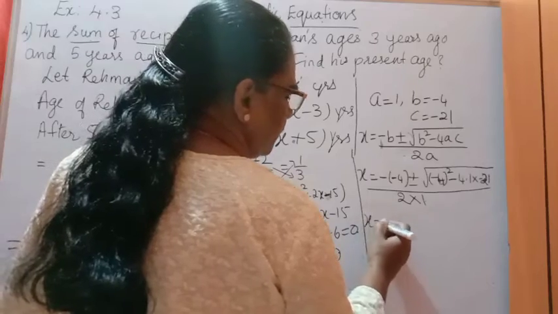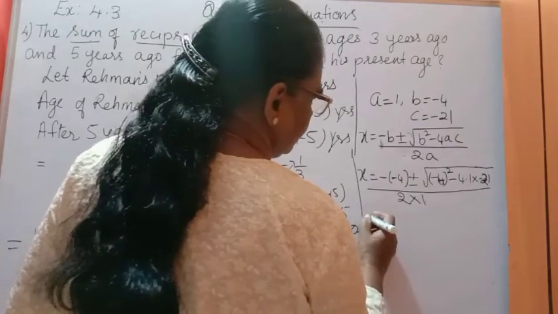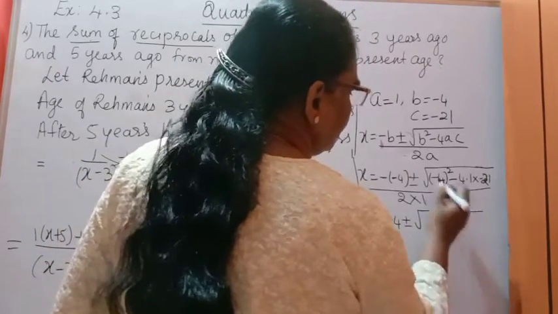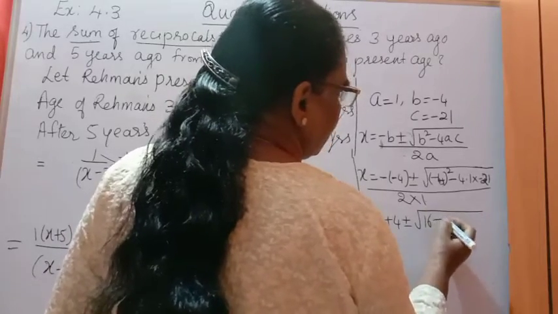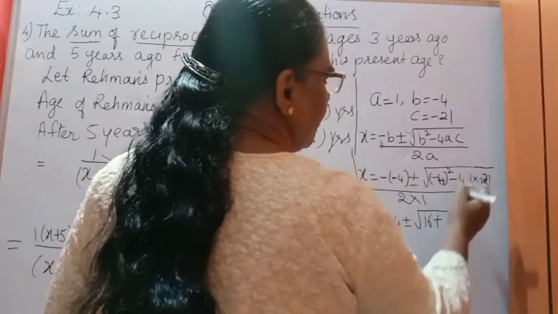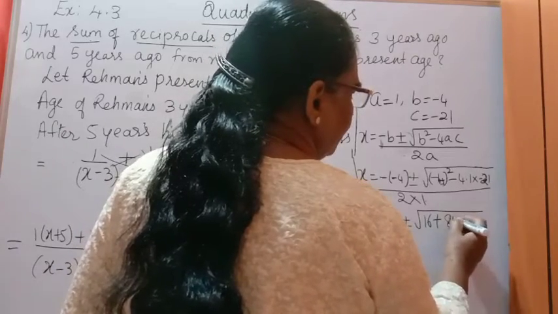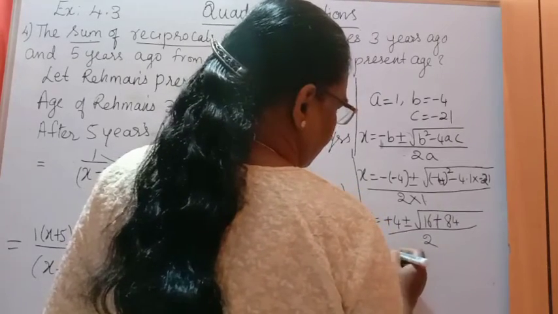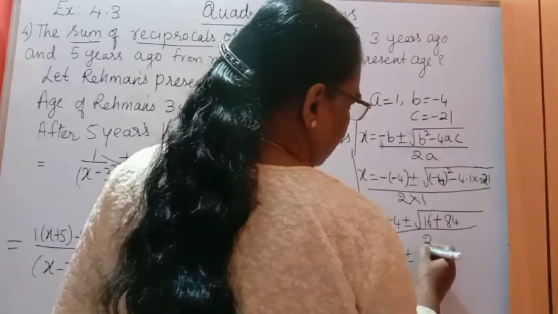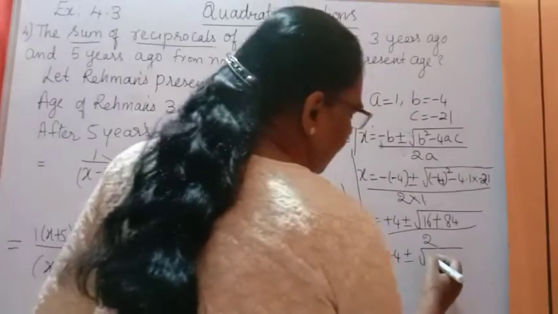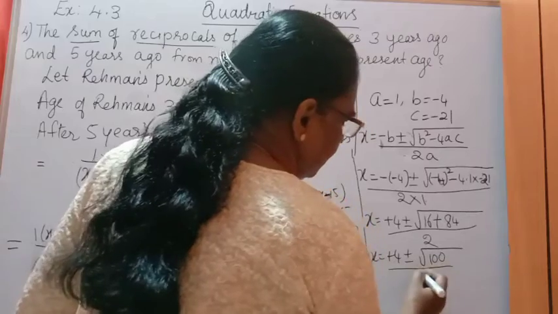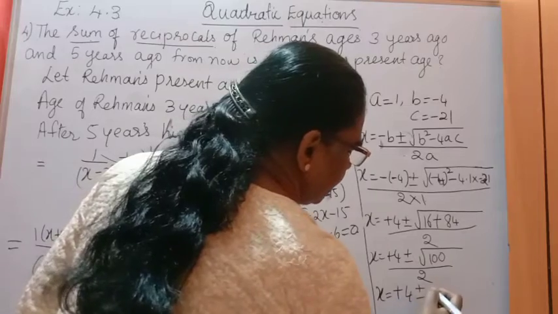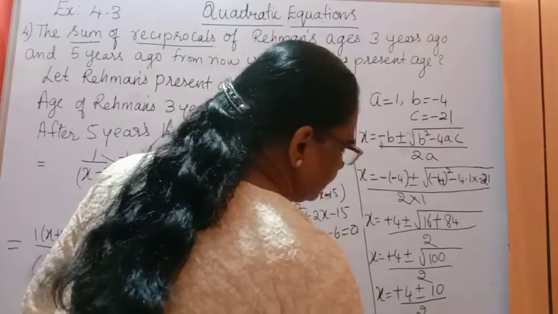So x is equal to plus 4 plus or minus root of 4 square, which is 16, minus into minus becomes plus, 21 4s are 84, divided by 2. Therefore x is equal to plus 4 plus or minus root of 84 plus 16, which is 100, by 2. So x is equal to plus 4 plus or minus 10 by 2.